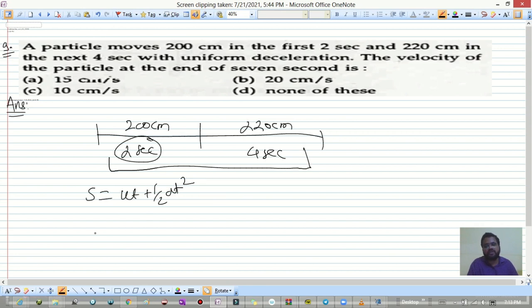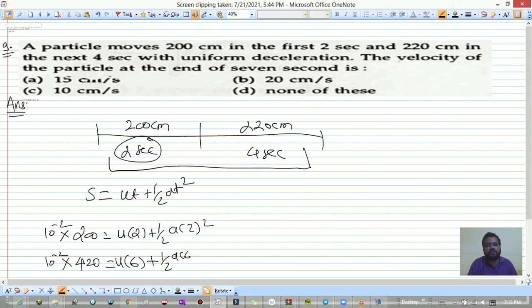So you have to write 200 is equal to u into 2 plus 1 by 2 a into 2 squared, right? 200 centimeter given, so convert it into meter, 10 to the power minus 2. Likewise 420 we have, into 10 to the power minus 2 is equal to u into 6, plus half a into 6 squared. Now two equations, two unknowns, you can easily find out.